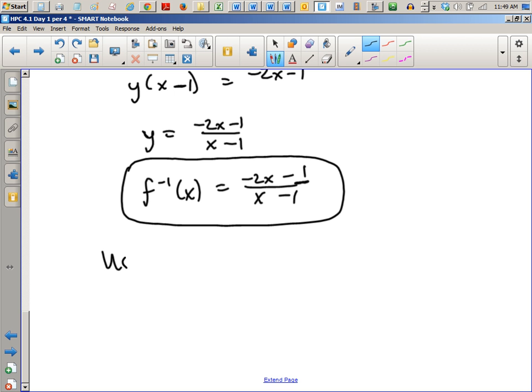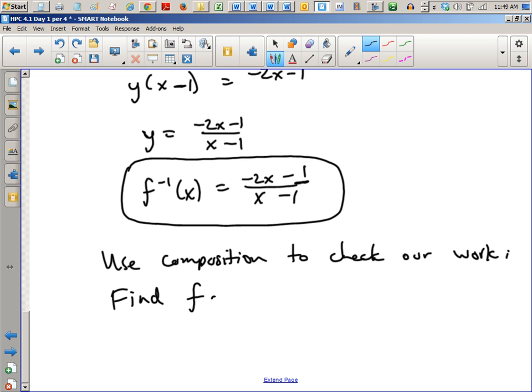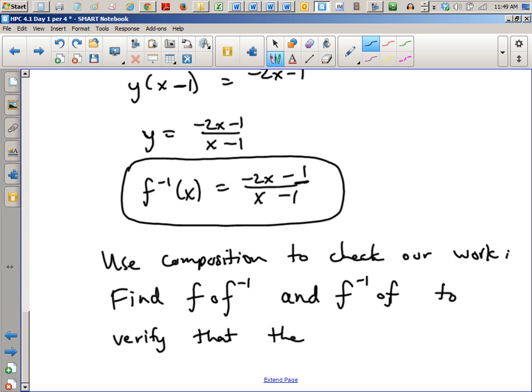Okay, so to use composition to check our work, how do you do that? Well, what you do is you find f of f inverse and f inverse of f to verify that they both yield just x.